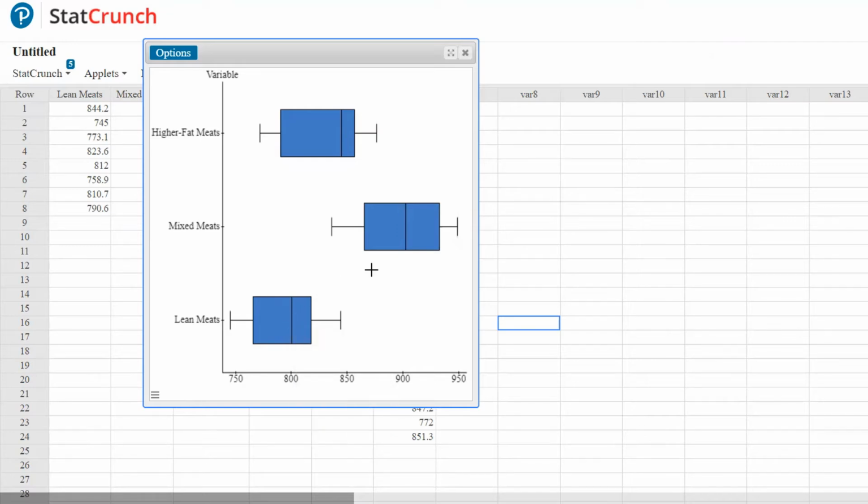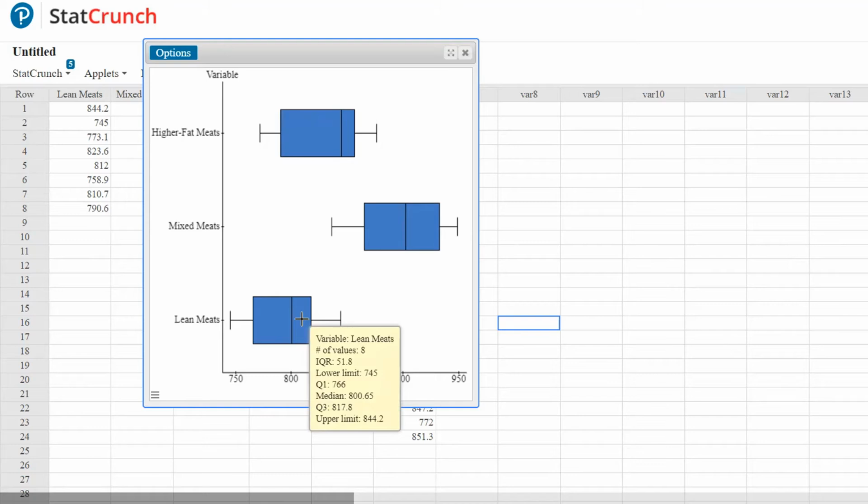So now the median and the mean aren't the same thing, obviously, but it certainly looks like, as a general rule, this entire box plot is pretty far to the right of the lean meat box plot. And then if you look at the higher fat meats, it's kind of more in the middle. But this certainly does indicate maybe that there are differences in the three groups.